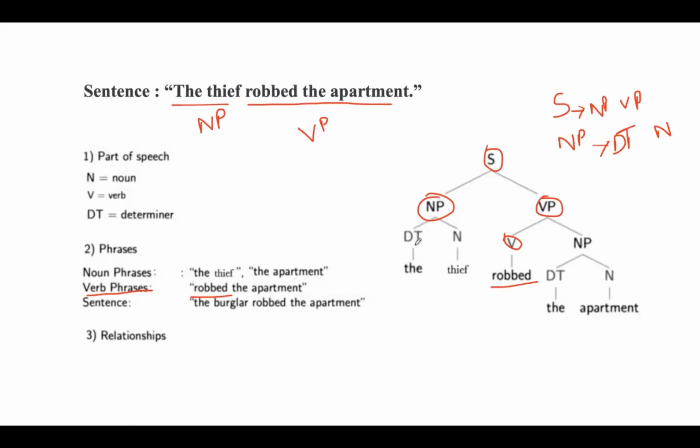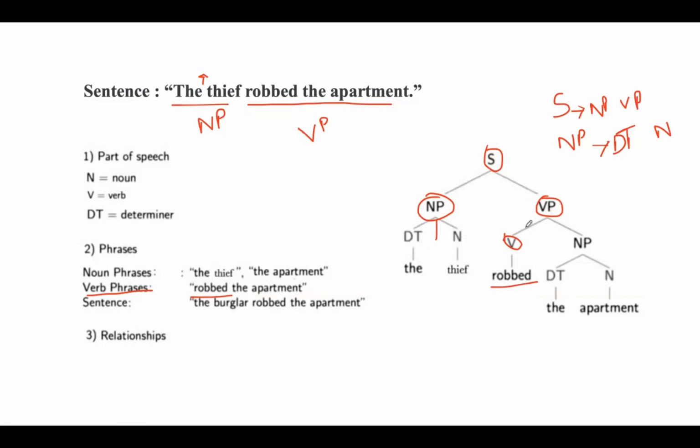So noun phrase is a combination of determiner and noun. If the sentence has an adjective also, then you need to include the adjective. As the sentence has determiner followed by noun, we can write noun phrase as determiner and noun.